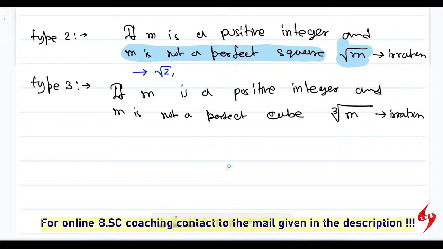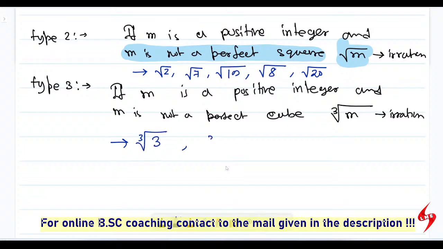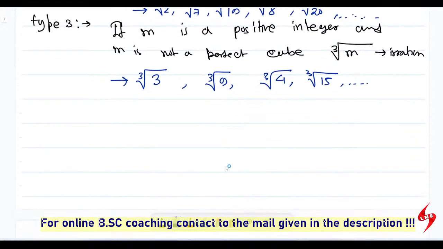Root over 2 because 2 is not a perfect square, root over 7 because 7 is not a perfect square, root over 19, root over 8 because 8 is not a perfect square, root over 20 because 20 is not a perfect square. And here some examples: cube root of 3, yes, cube root of 9, yes, cube root of 4, yes, cube root of 15, yes, and so on. There are various irrational numbers.